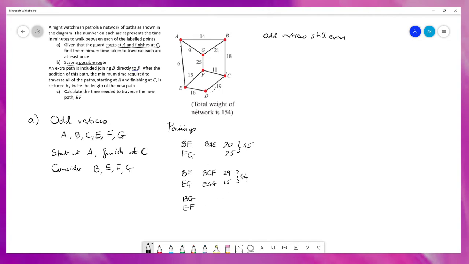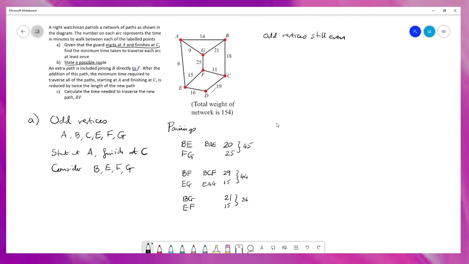As possibly to be expected, the ones that don't have intermediate vertices give us the shorter ones, but not always. So B to G is just B to G, and that's 21. E to F, likewise, just E to F, and that's 15. And this gives us a total of 36.